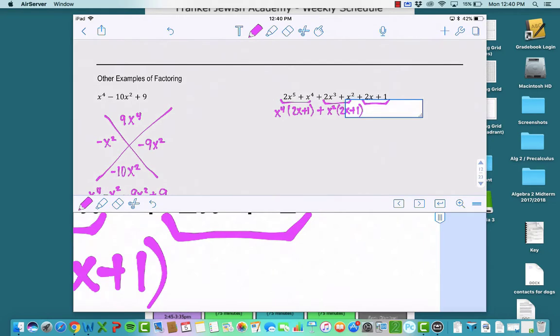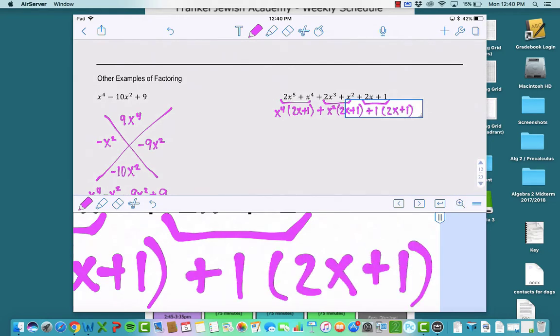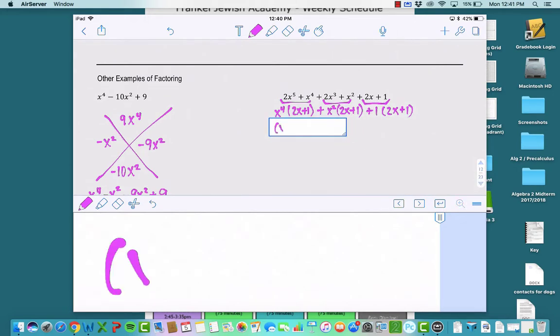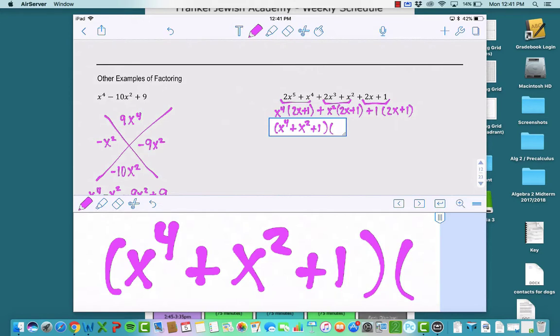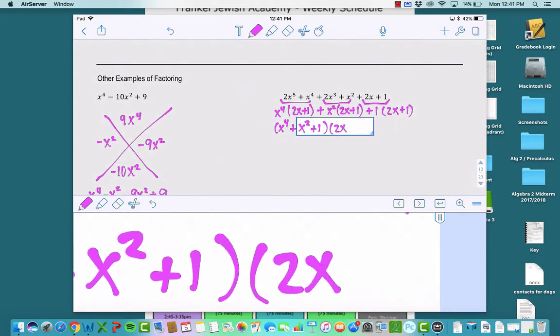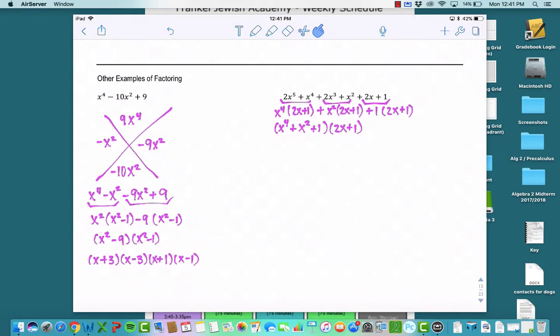Out of these two, I can factor out a 1, and I'm left with 2x plus 1. So if I rewrite that, I get x to the 4th plus x squared plus 1 and 2x plus 1. You're going to have to take my word for it that this one doesn't factor. So, deal. But those are your extra examples of factoring.